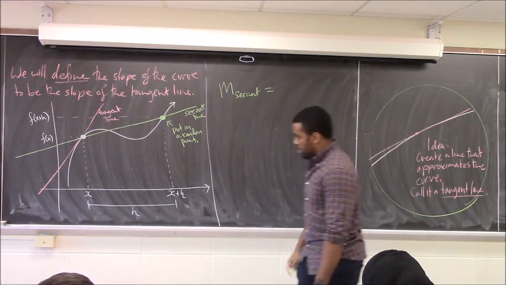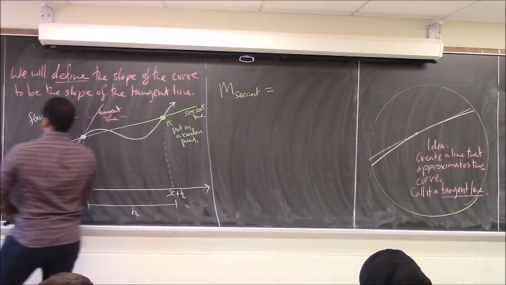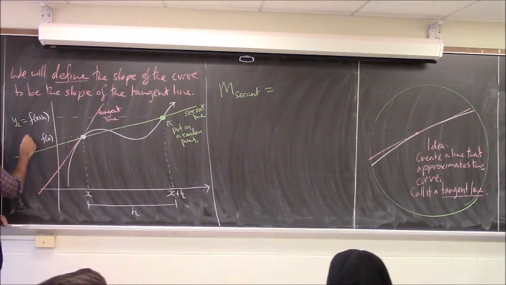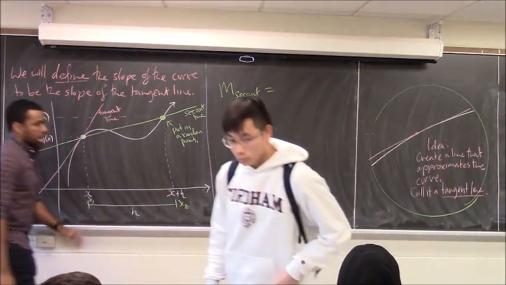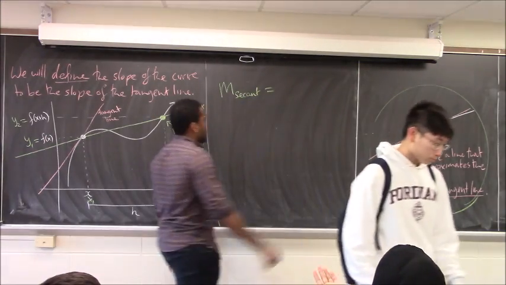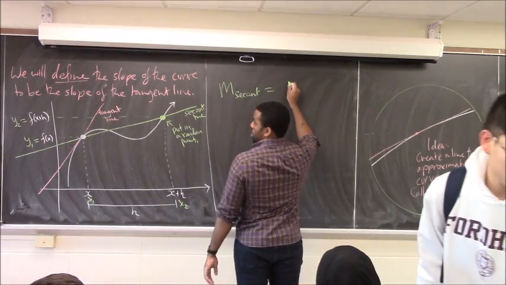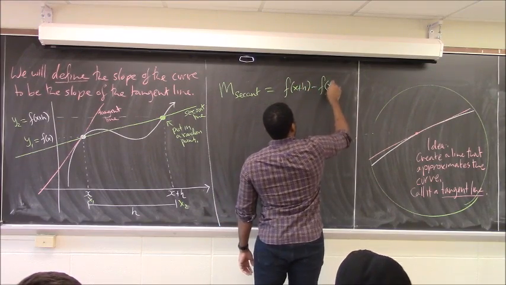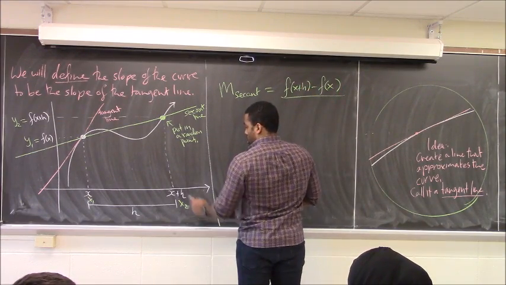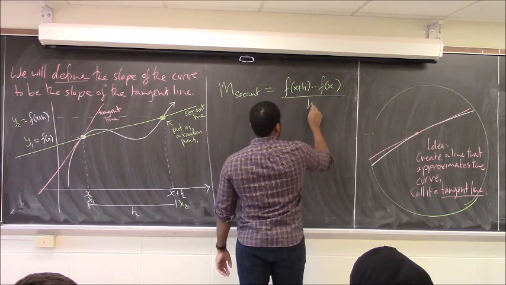And that will simply be, well, I call this y2, call that y1, call this x1, call that x2. I use my slope formula, y2 minus y1 over x2 minus x1. You would end up with f of x plus h minus f of x over x plus h minus x, well, that's just h.